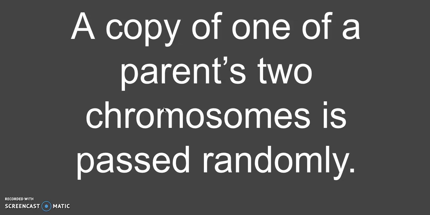Since you're just as likely to get either copy of your parents' two chromosomes, you're just as likely to get either of your parents' chromosomes that come from either of their parents.